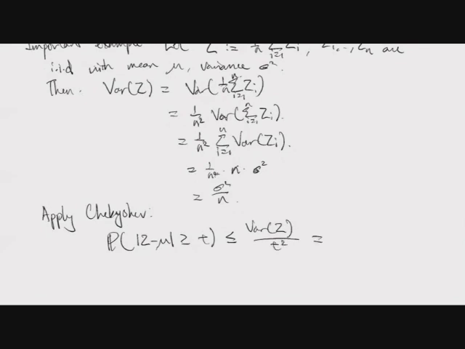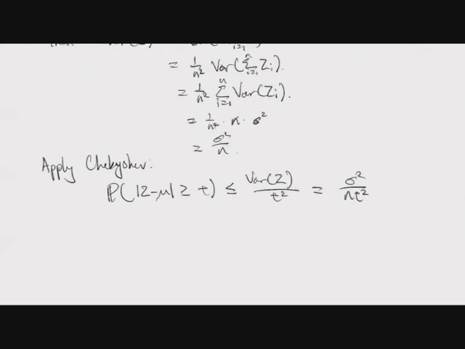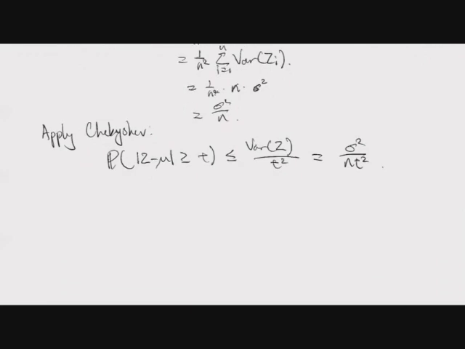Okay, but now the variance is going to be sigma squared divided by n. And so all in all, the tail probability is bounded by sigma squared divided by n times t squared. Okay, so this example is very important. We're going to see that in many cases, we want to get a tail probability for the sample mean. So this is what Chebyshev gave us.